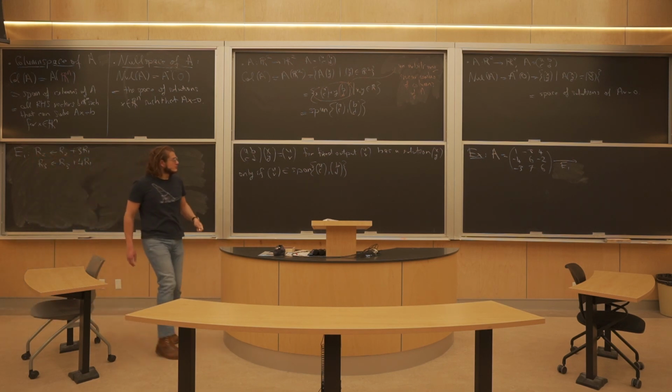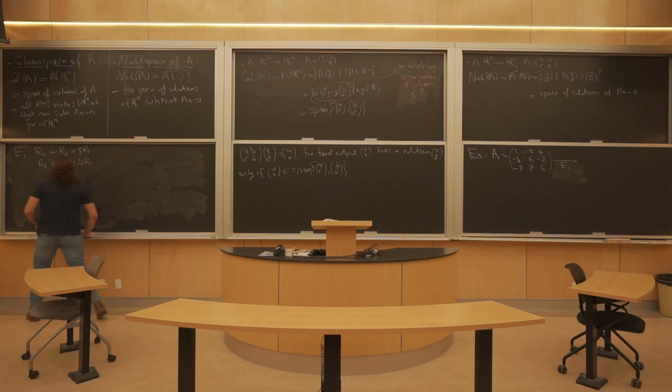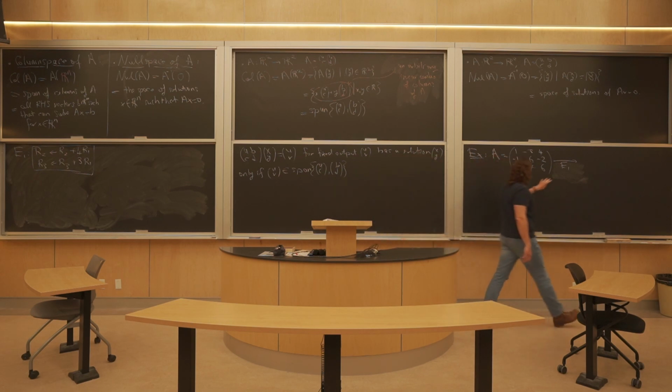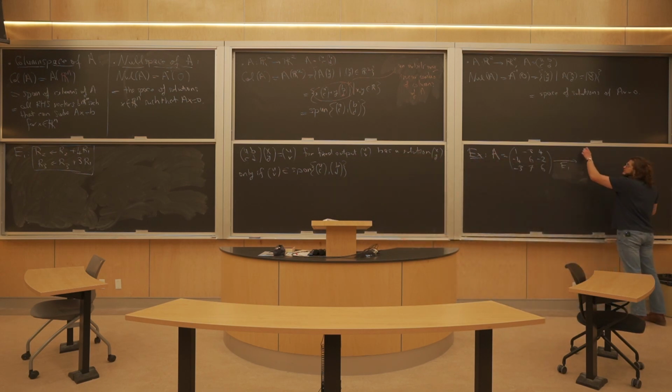Is this correct? It's not. So the first operation is this. Okay? If I were to apply those operations, now I get a new matrix. 1 minus 3, 4. So here I have 0.